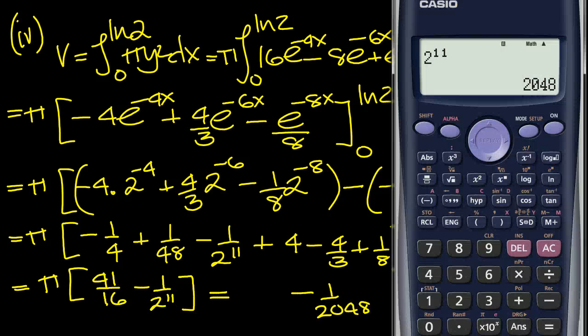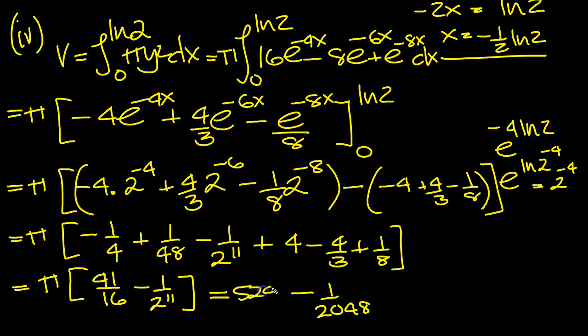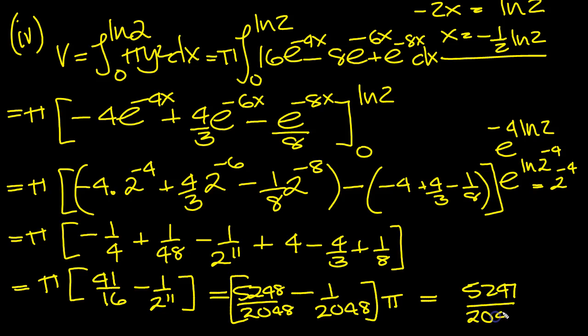Divide 16 into that to see what we need to scale up by. 128, so 41 times 128 then. 5248. 5248 over 2048. All times pi, of course, minus 1 over 2048, which is 5247 over 2048. Lots of pi.